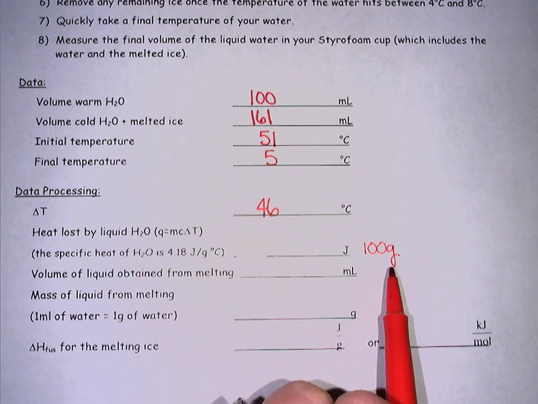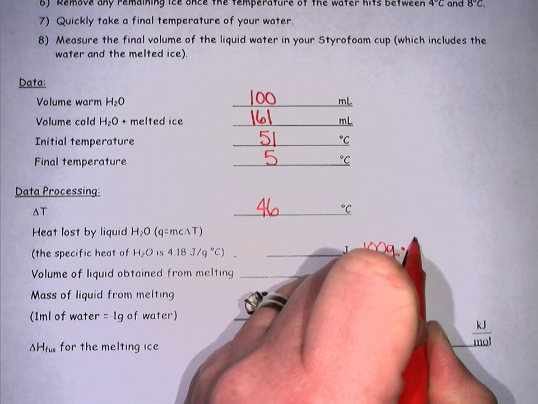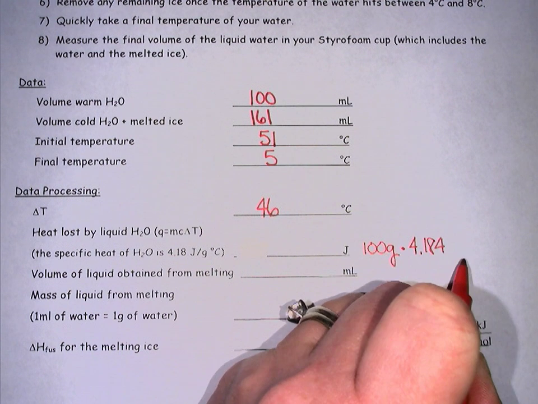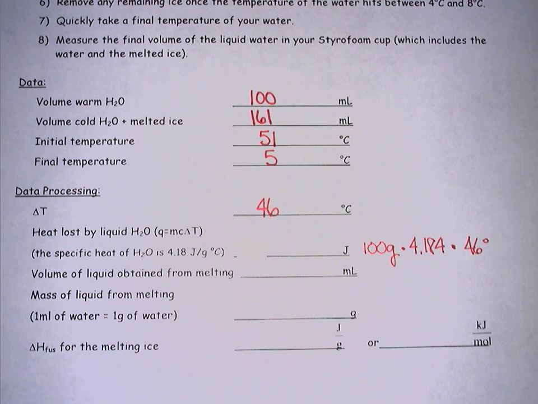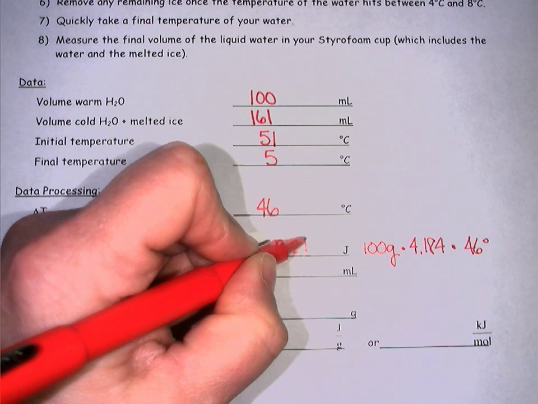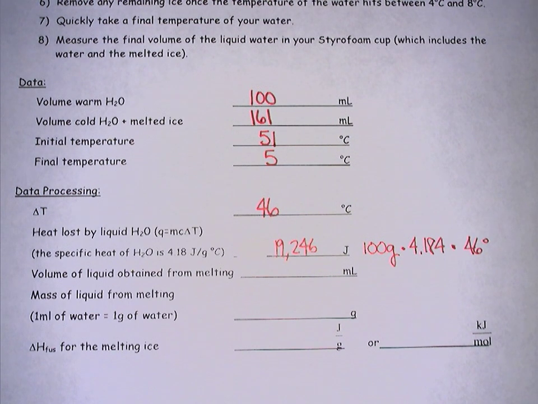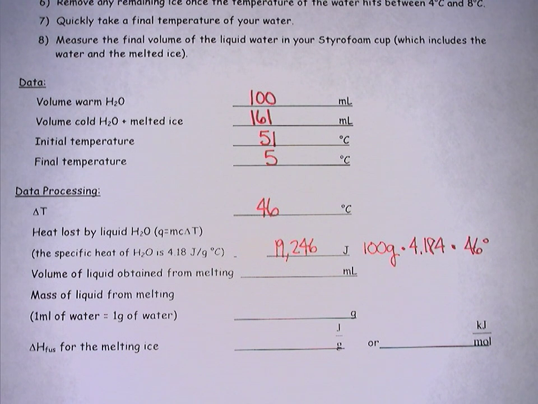So we had 100 grams of water times C, which is 4.184 for liquid water, times my change in temperature, which is 46 degrees. If you multiply those numbers out, you get a total of 19,246 joules. Again, you guys have different data, so your numbers are going to be slightly different, which is fine. Just make sure that you use what you had collected in the lab.